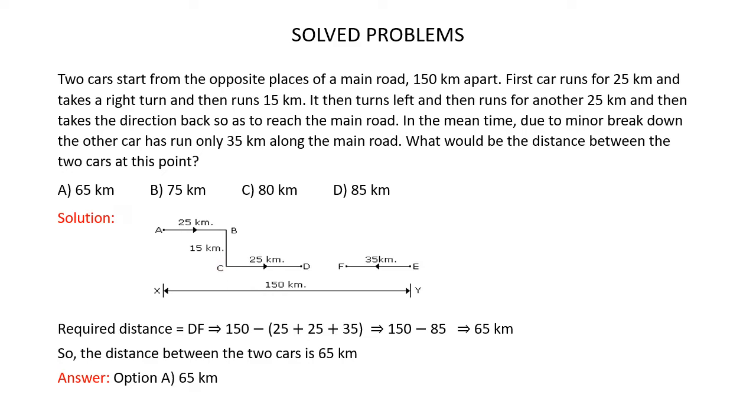So the required distance DF is equal to 150 minus (25 plus 25 plus 35), which is nothing but 150 minus 85, that is 65 kilometers. So the distance between the two cars is 65 kilometers. The correct answer is option A, 65 kilometers.